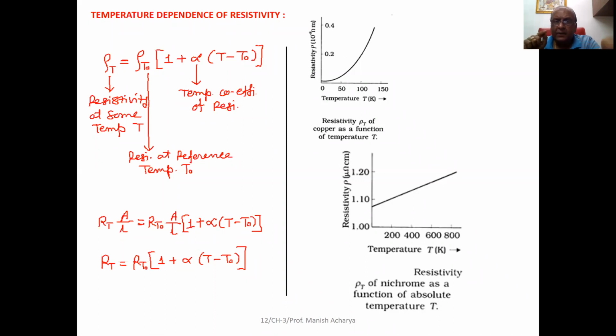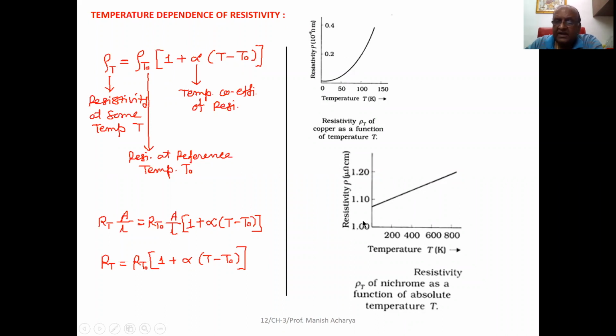Here one example is given, the resistivity of nichrome as a function of temperature. Resistivity is in terms of micro ohm centimeter. Micro stands for 10 raised to minus 6.